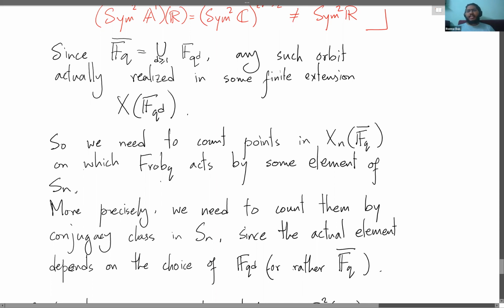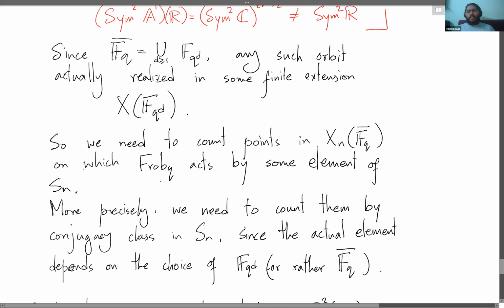Well, why conjugacy class? Because this choice of permutation is not really defined canonically. It's only defined up to conjugation. And if you're a topology-minded person, you should think of this as like choosing a base point, and like there's a pi1 thing happening, or it's just choosing a different algebraic closure if you're more algebraically minded.